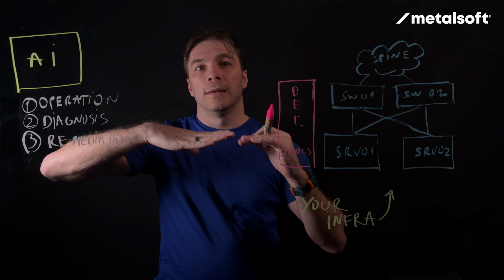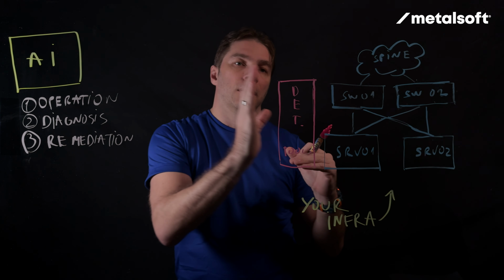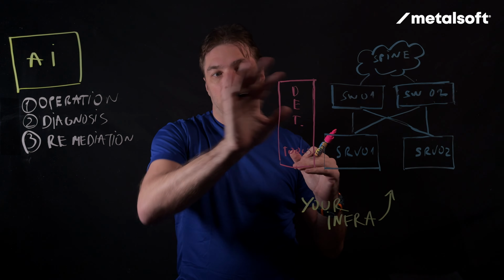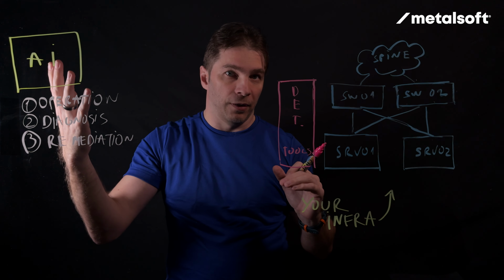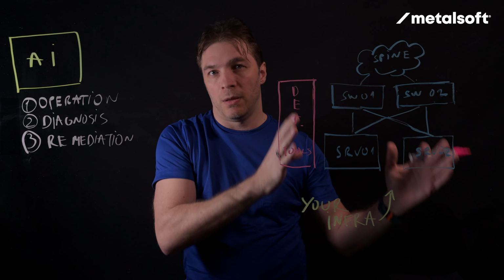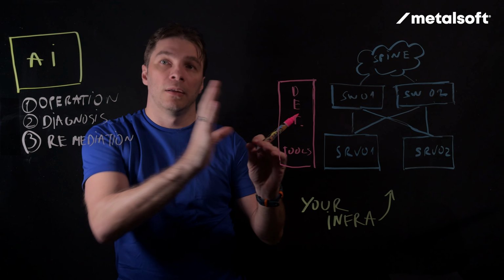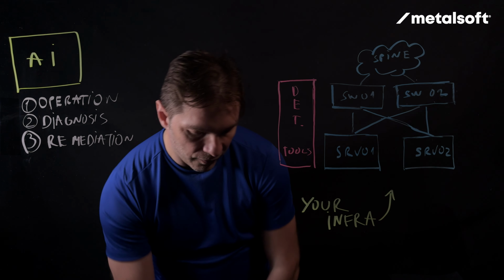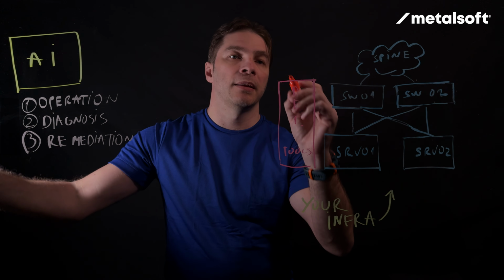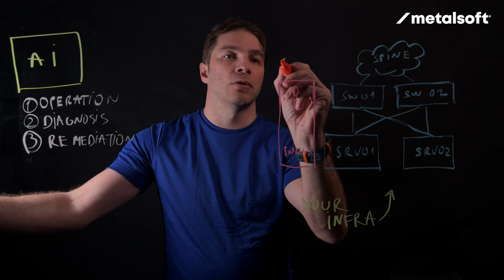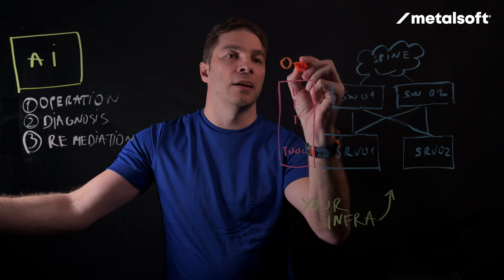So the level of abstraction that the deterministic set of tools will be presented to the AI may be different from implementation to implementation, but generally speaking, that's their role. And one of the very important elements that this deterministic set of tools will implement is access controls, right? And so you have a key here.